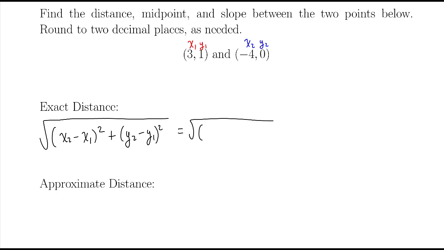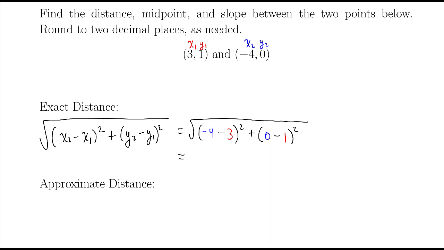This is going to be x2 minus x1 squared plus y2 minus y1 squared as well. Add those together and find the square root.